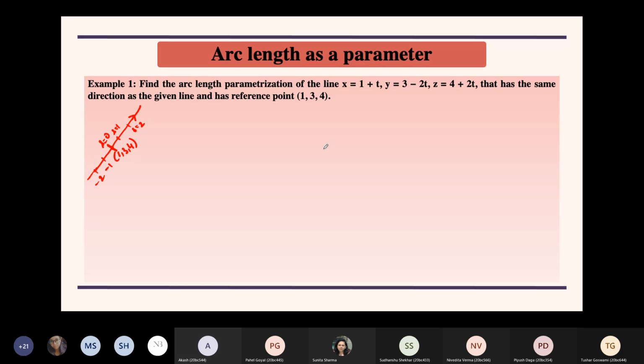How did you calculate that? Ma'am, first I find dx by dt is 1, dy by dt is -2, and dz by dt is 2. Then norm of dr by dt equals root of the sum of squares of dx by dt, dy by dt and dz by dt. Okay, so you get root of 9, which is 3.